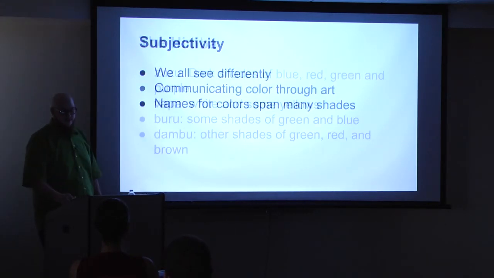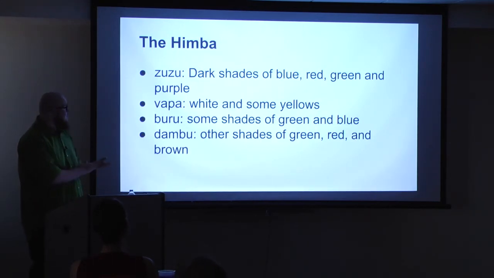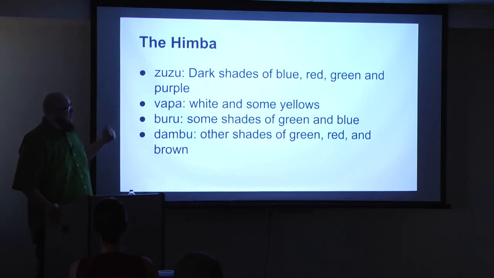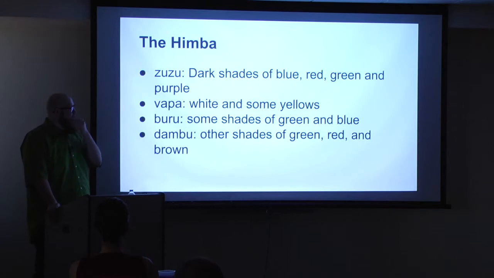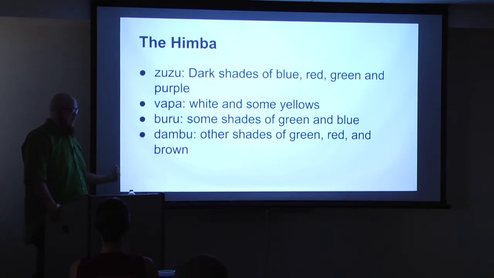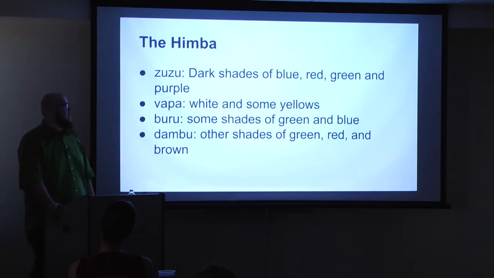can see stoplights fine. So the Himba is a tribe in Angola, and they actually have very different words for color than we do typically. So Zuzu is dark shades of blue, red, green, and purple. So it's really kind of all over the map as far as the wavelengths of light. Vapa is white and some yellows.